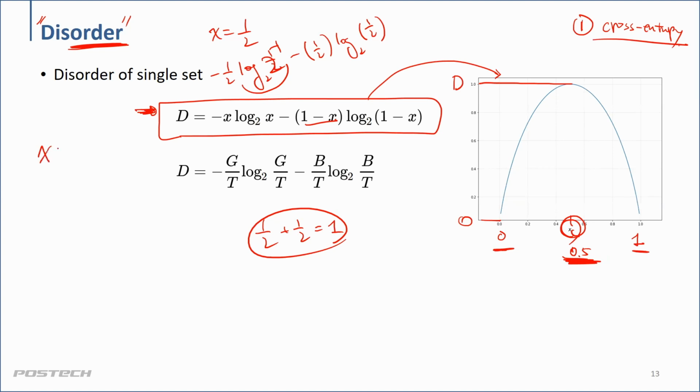And the way this works is, let's say we have good and bad and total. Good over total is x.